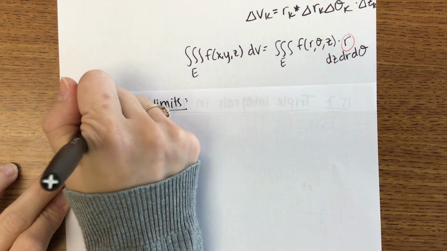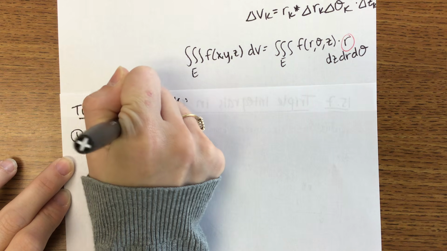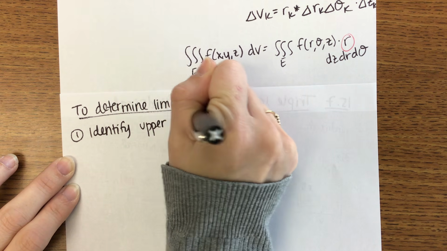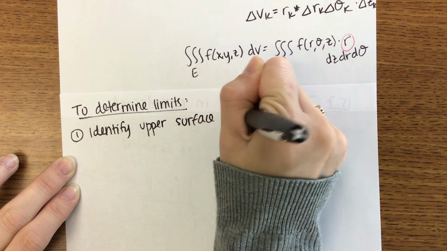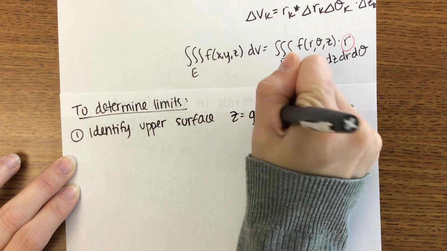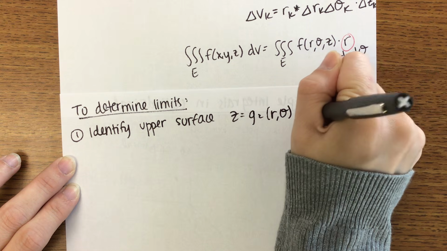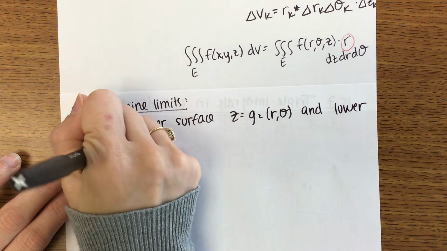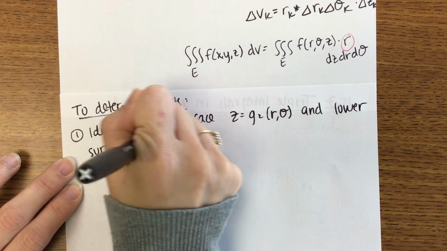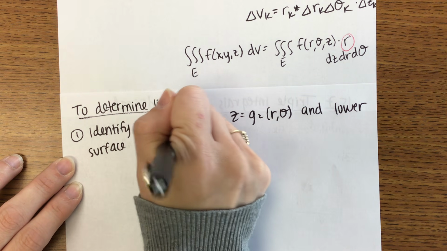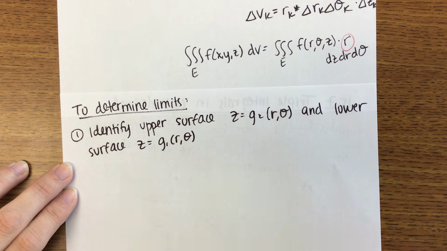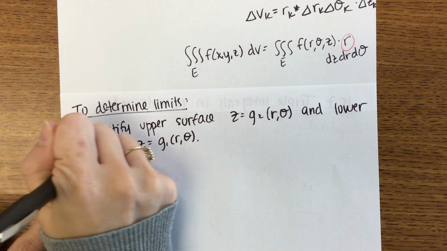So the first thing that you want to do is identify your upper and lower surfaces. Your upper surface is going to be z is some function of r and theta. And your lower surface is also going to be z equals some function of r and theta. So that's nice about cylindrical.